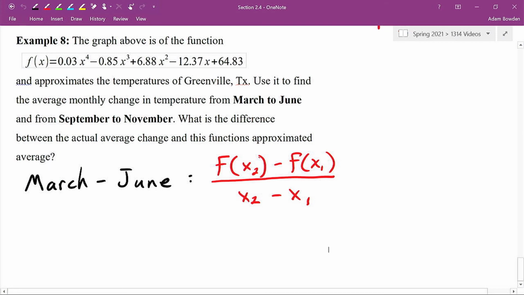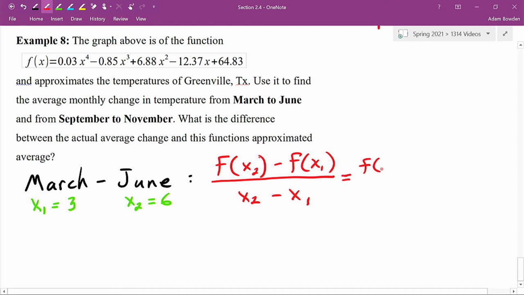So we're going to start off by doing the March to June average rate of change. We're going to be using the average rate of change formula. March is the 3rd month, so we're going to be using 3, and June the 6th. So we'll be using x1 equal to 3 and x2 equal to 6.